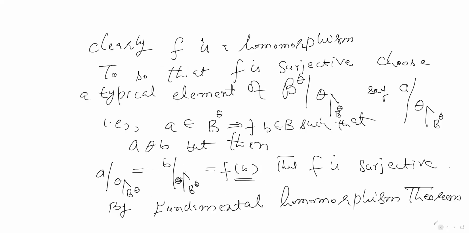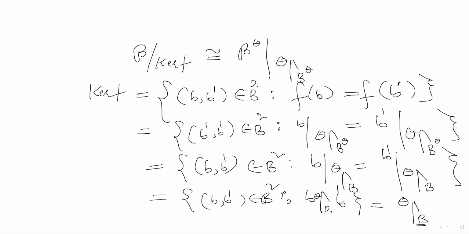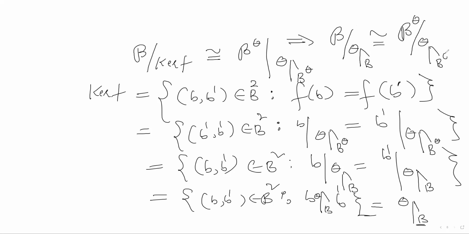I have shown that the kernel of F is this one. So I can say that B over theta restricted on B is isomorphic to B theta over theta restricted on B theta. So this proves this theorem.